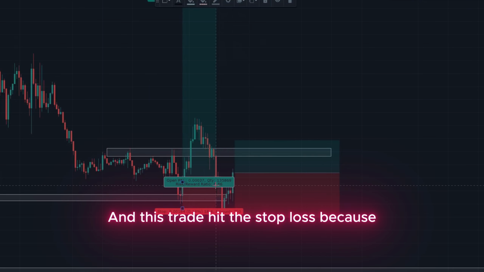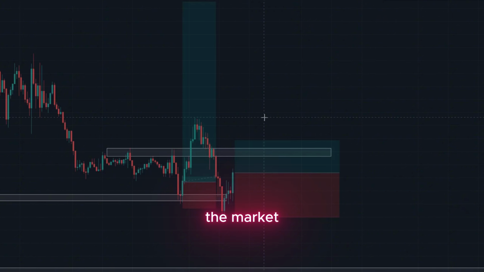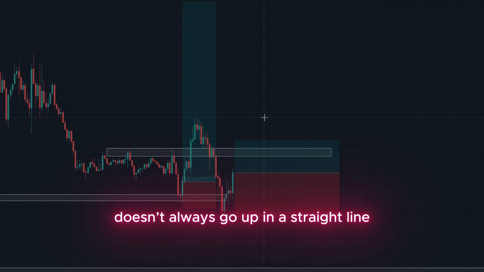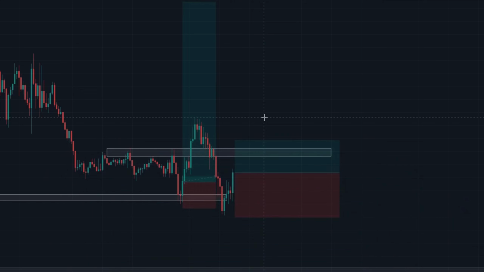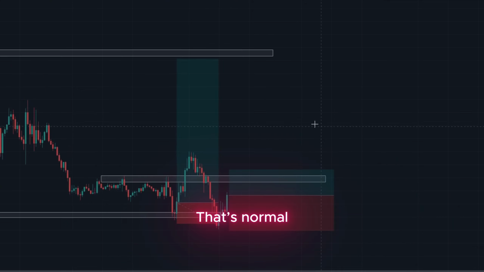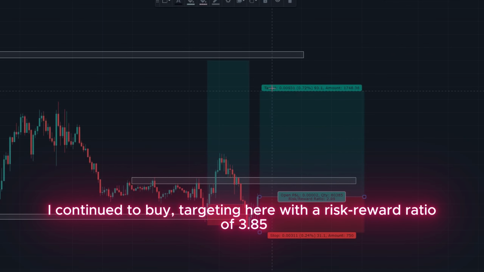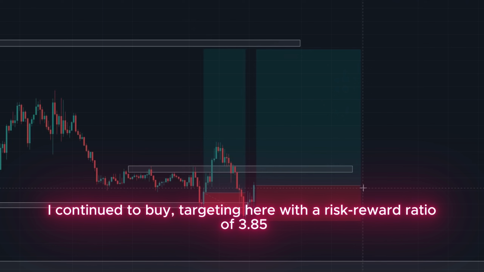And this trade hit the stop loss because the market doesn't always go up in a straight line. It can go down and sweep our stop loss. That's normal. I continued to buy, targeting here with a risk-reward ratio of 3.85.